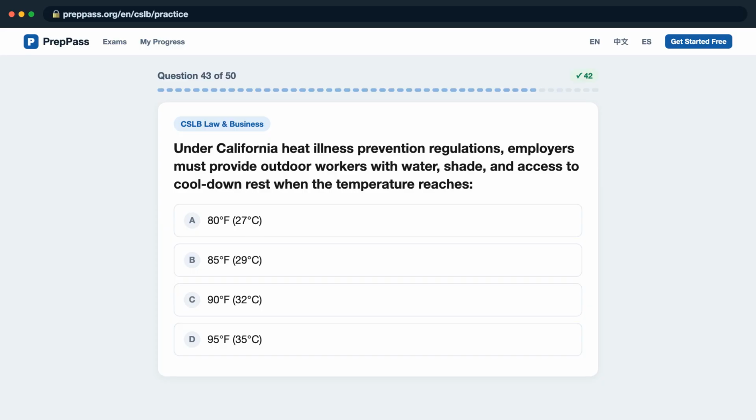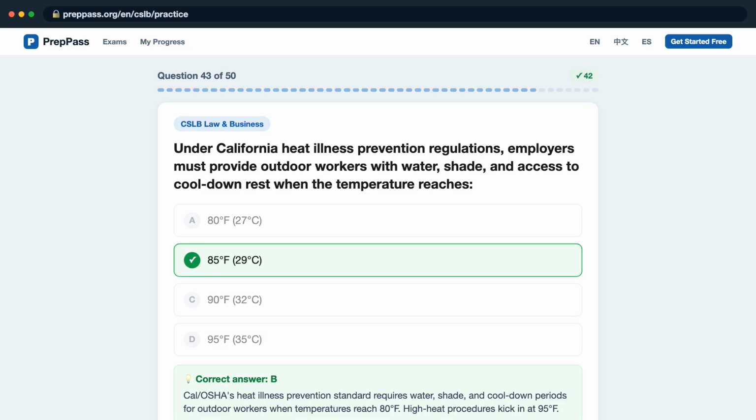C, 90 degrees Fahrenheit, 32 degrees Celsius? D, 95 degrees Fahrenheit, 35 degrees Celsius? The correct answer is B. Cal/OSHA's heat illness prevention standard requires water, shade, and cool-down periods for outdoor workers when temperatures reach 80 degrees Fahrenheit. High heat procedures kick in at 95 degrees Fahrenheit.